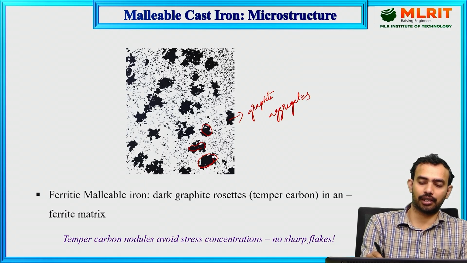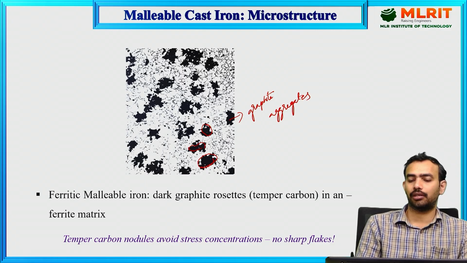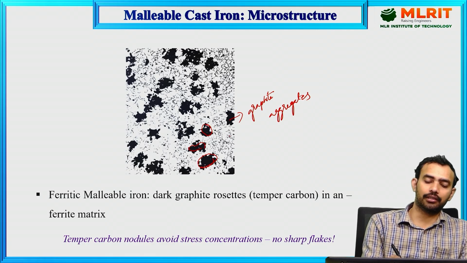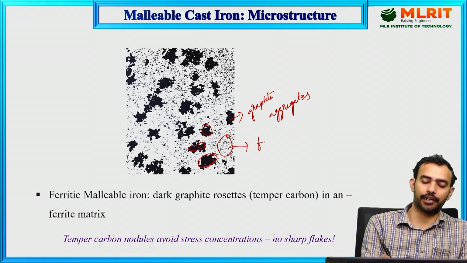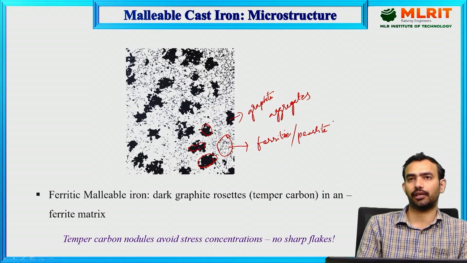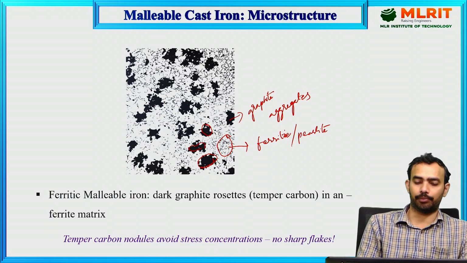Aggregates are clusters, also called rosettes. The remaining region is the matrix, which can be ferritic or pearlitic. Depending on the cooling rate, we get a ferritic matrix or a pearlitic matrix.